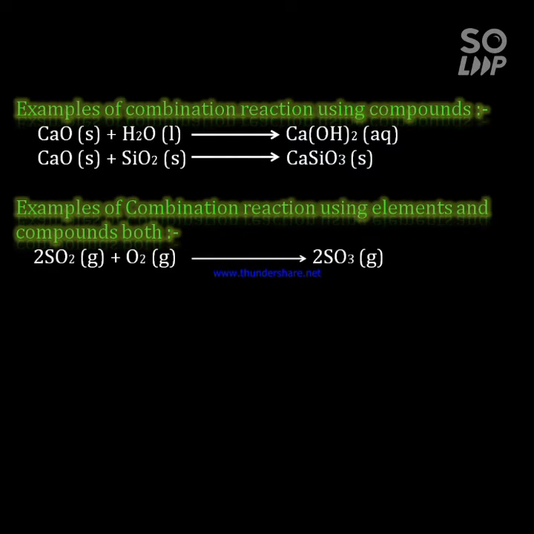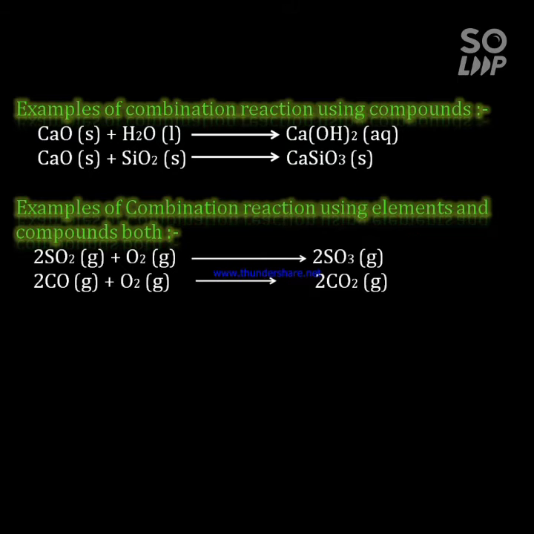So sulfur dioxide is a compound here, while O2 oxygen here represents the element. So this example belongs to the category of element and compound combination reaction. Another example written is carbon monoxide combining with oxygen to form carbon dioxide.